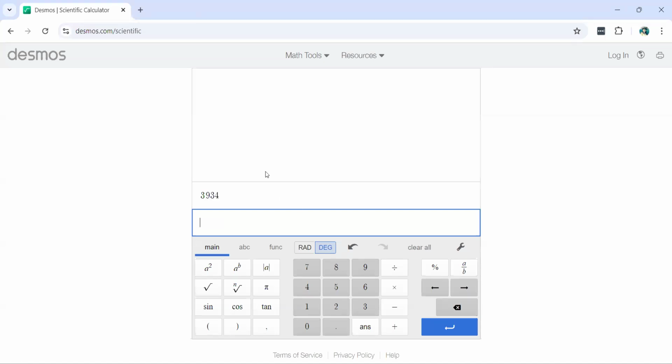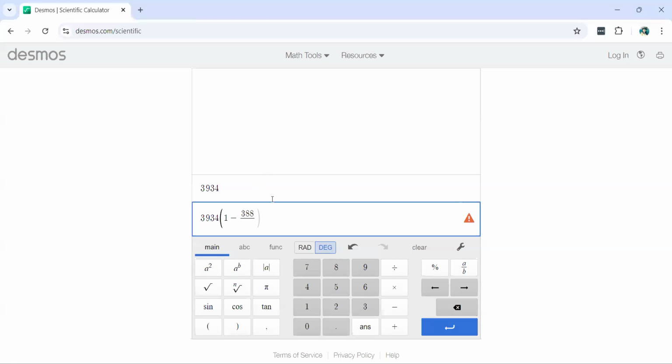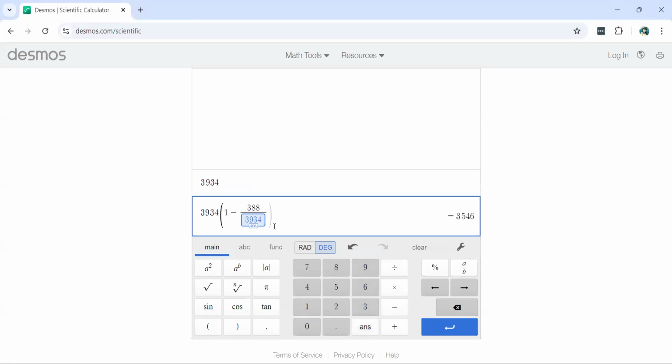So now we begin writing the equation, and that is 3934 multiplied by 1 minus 388 divided by, so supposedly we're going to put V sub i here, but instead click the button Ans, for answer, so that refers to the previous answer.